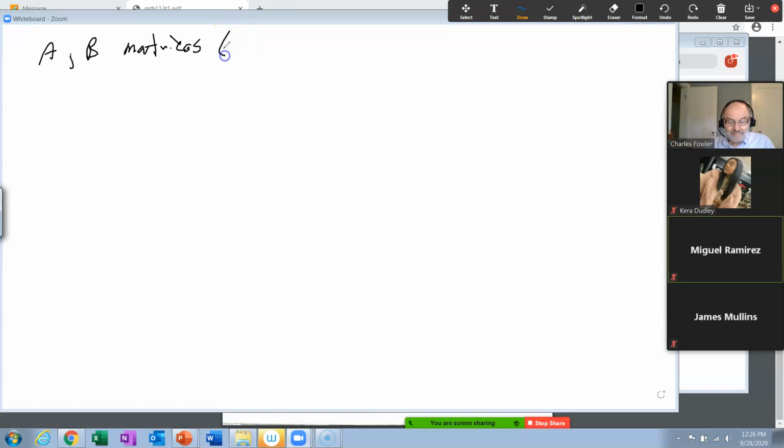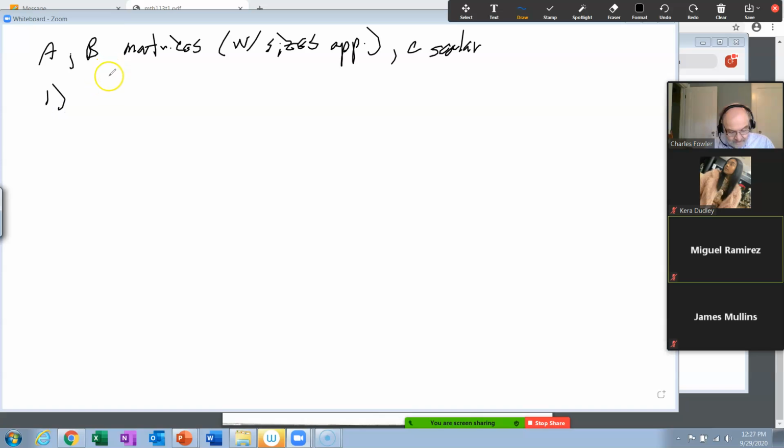Now, here is a caveat: with sizes such that the matrix operations are defined, appropriate sizes. You know what that means. C is a scalar. Then these properties are true.